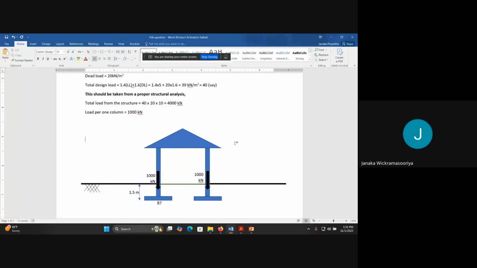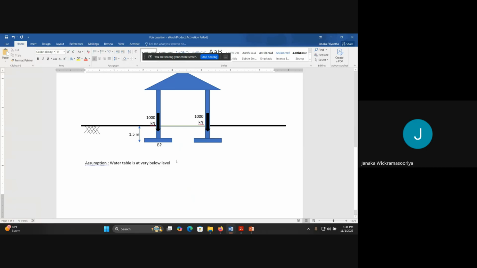Right, now you can start. In this one, shall we assume that factor of safety equals 3.